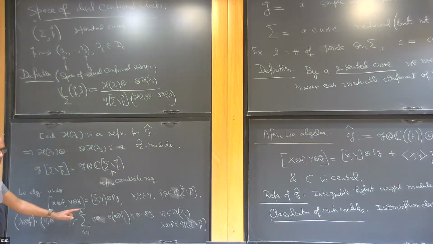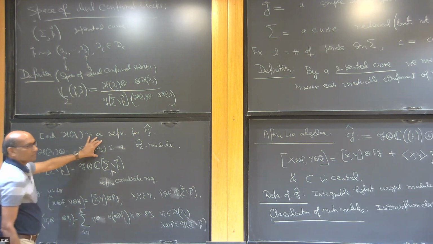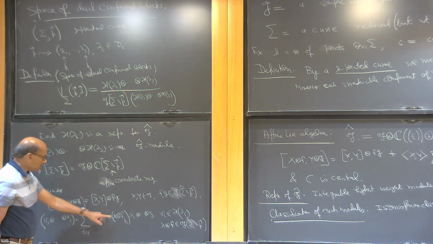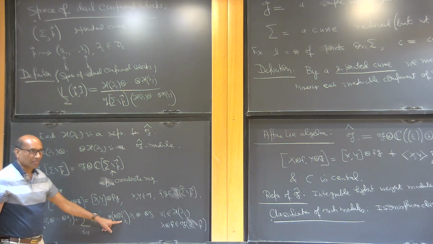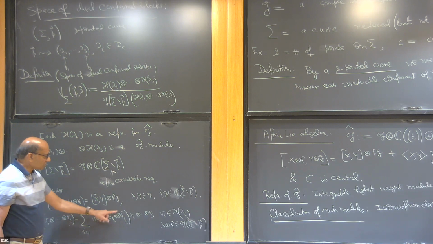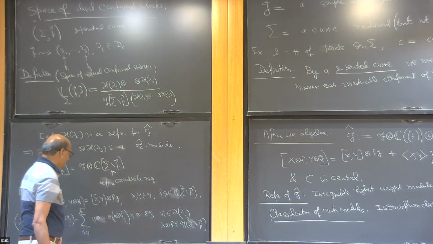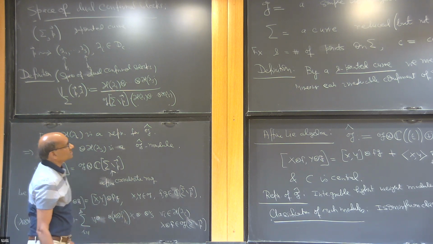So what did I do here? We want to act with this Lie algebra on this module. So the action is, I take v1 tensor through vS, and on the ith factor I am using X tensor F_{P_i}. Now what is this? One has to be a little careful about exactly what this is.